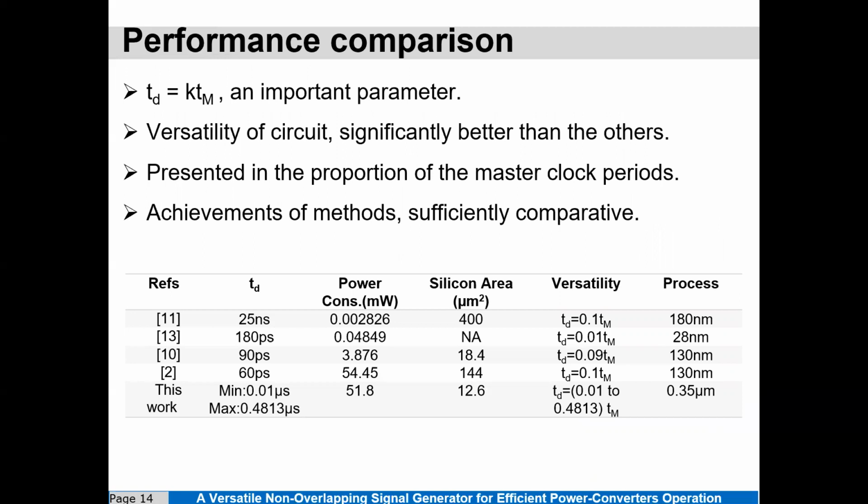Besides, the other parameters are comparable with similar recently published systems. It should be noticed that previous methods generated various delays with different master clock periods. The versatility parameters of compared methods are presented in proportion to their master clock period. In this way, the achievements of the method are sufficiently competitive.